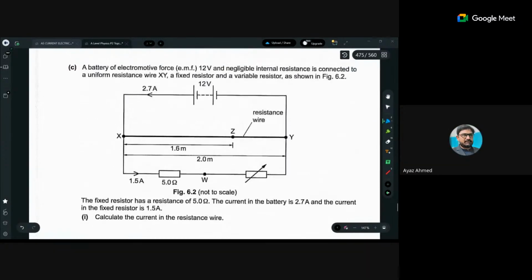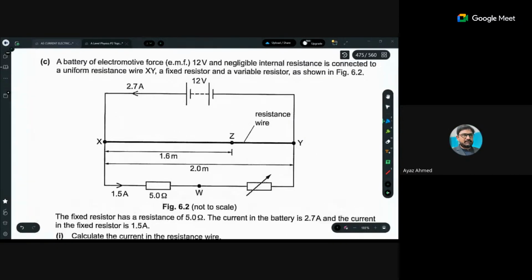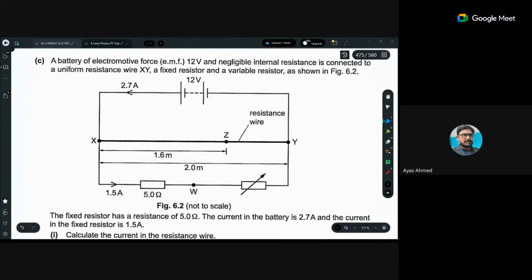Okay, now this is a very interesting question, and basically this is related to the resistivity and resistance of the wire. It can be solved by different methods, for example, by Kirchhoff's law, which we have not yet studied, or by the potential divider and voltage divider rules.